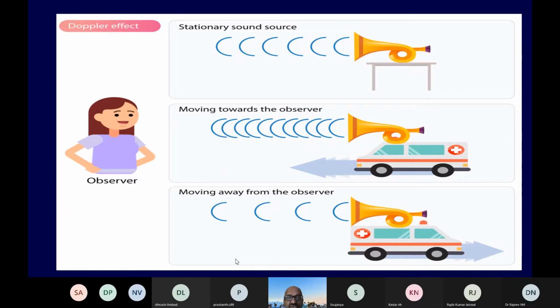As the engine is approaching the platform, you feel that the siren of the engine becomes shriller, but as it is passing away, it becomes less shrill. This is a practical experience even with an ambulance. When the ambulance is coming towards you, the siren is very high in pitch, but when it's moving away, the pitch decreases. This is the Doppler shift.